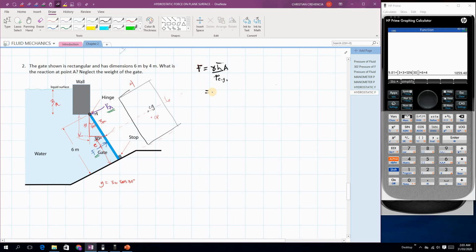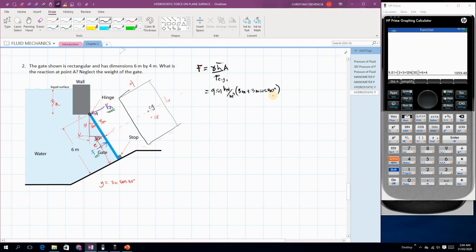Okay, so solving dito sa ating force, unit weight standard natin, na unit weight ng water is 9.81 kilonewton per cubic meter multiplied by yung ating h bar. So, h bar is vertical distance papuntang centroid from liquid surface. So, meron tayong 3 meters plus 3 meters cosine 30 degrees.